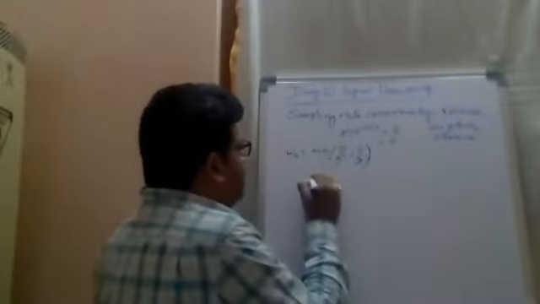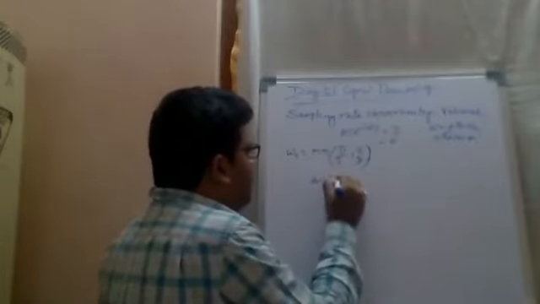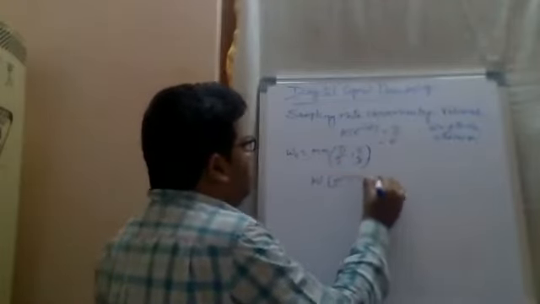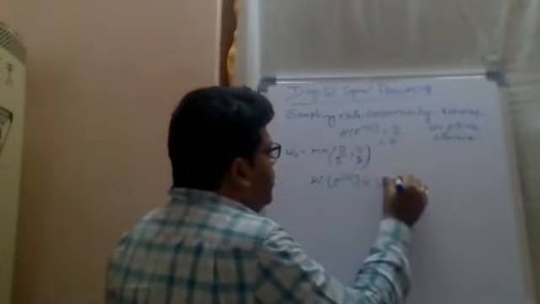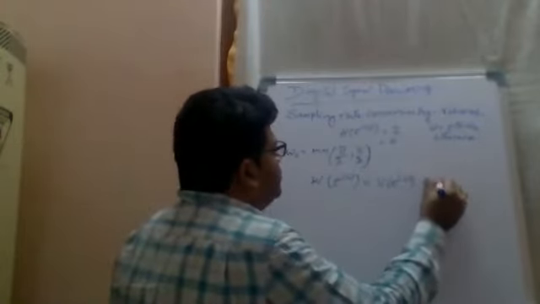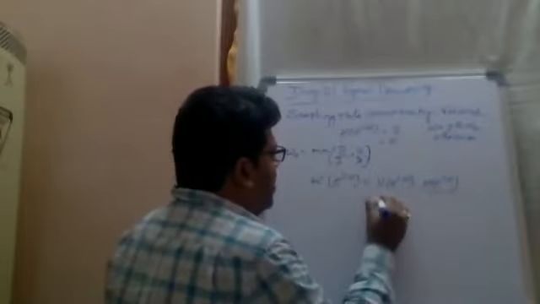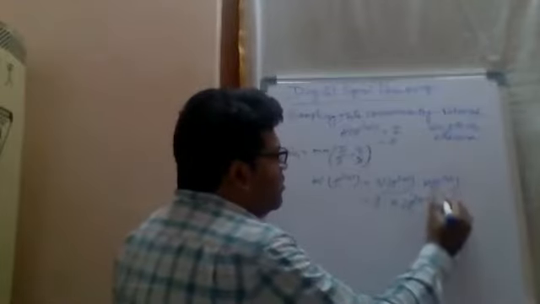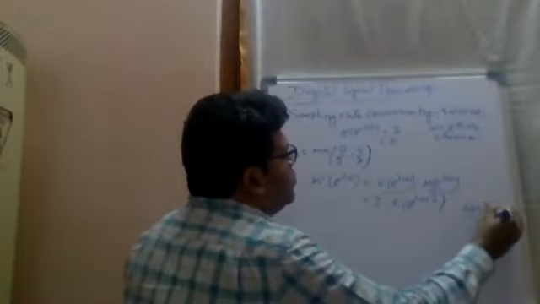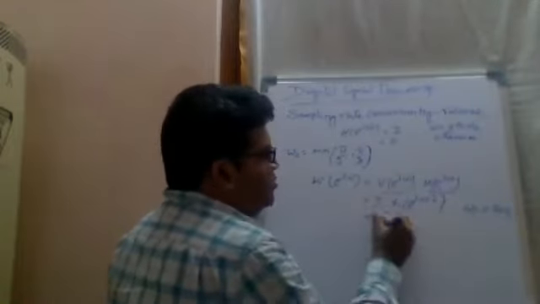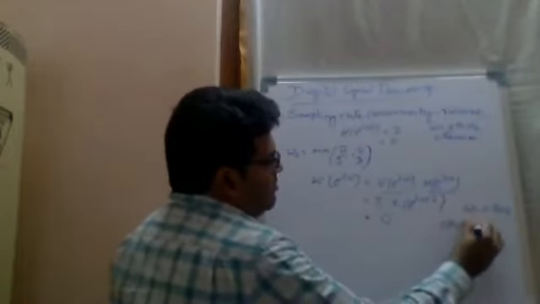Now using this, W of e power j omega equals V of e power j omega into H of e power j omega. Now your H of e power j omega is equal to I, and your V of e power j omega is X of e power j omega I from omega equal to 0 to omega c, and it is 0 otherwise.